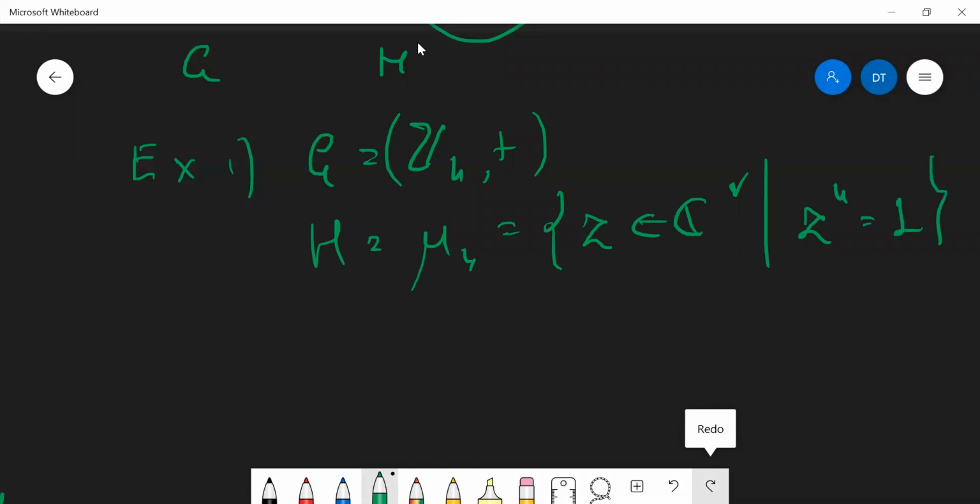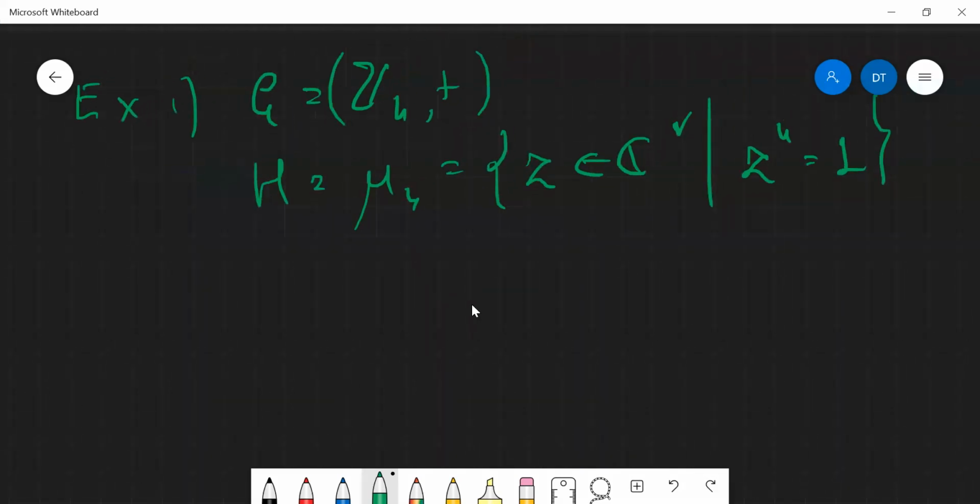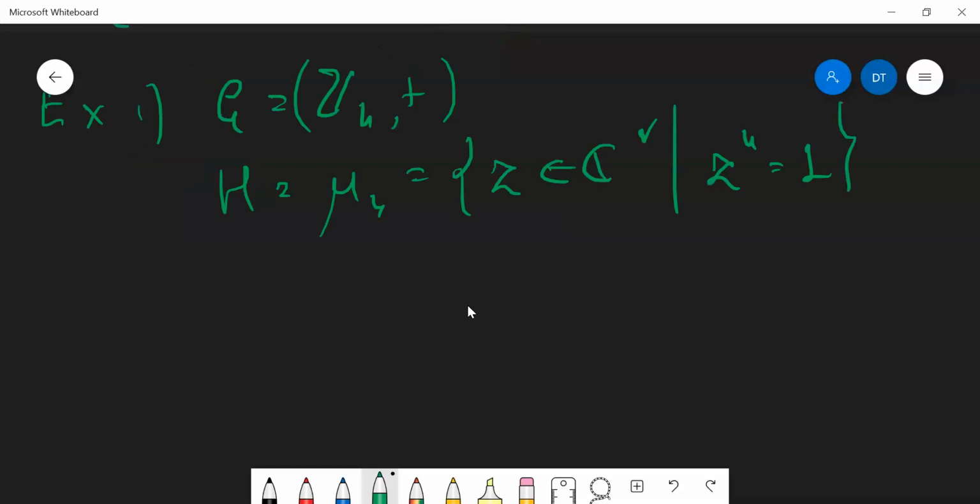This is the set of all complex roots of order n. And here, suppose that psi. Yeah, in a sense they are equal.